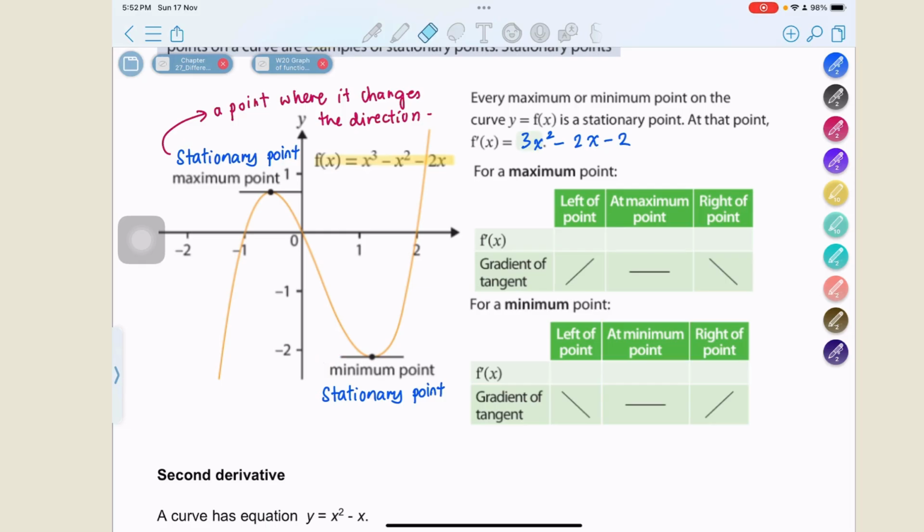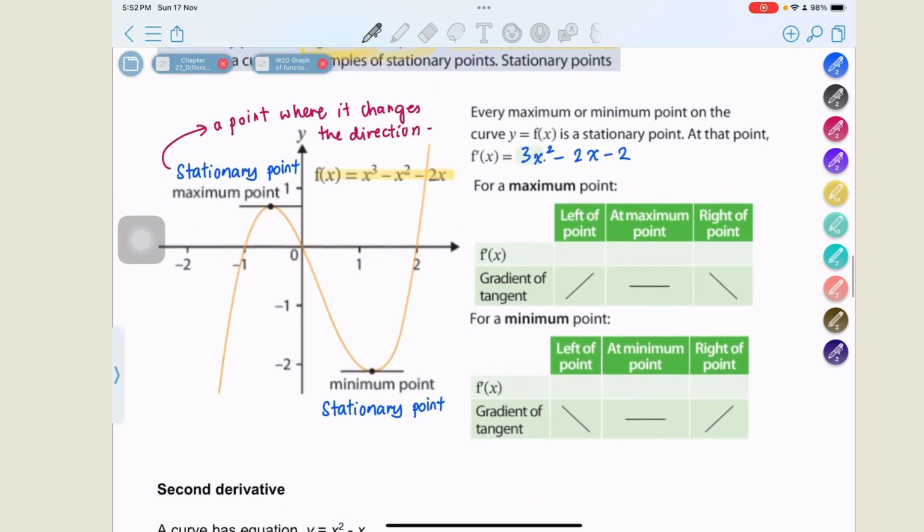Okay, now first I want to introduce the first method to find the stationary point. We call it the first derivative test. What is the first derivative test?